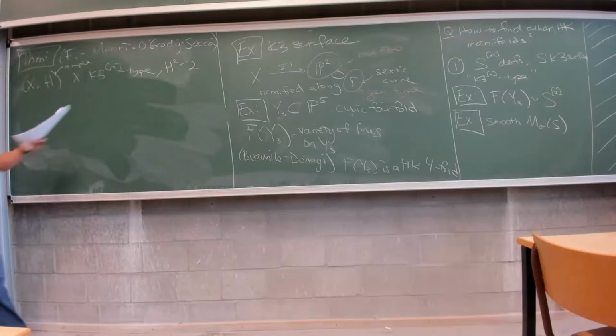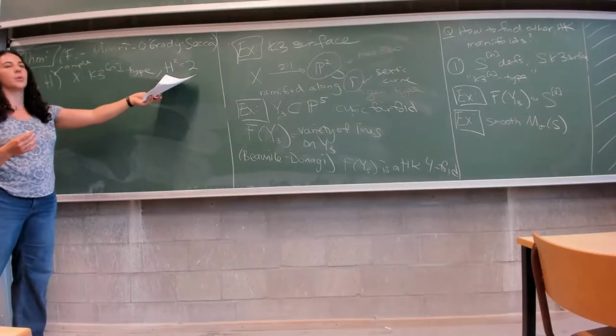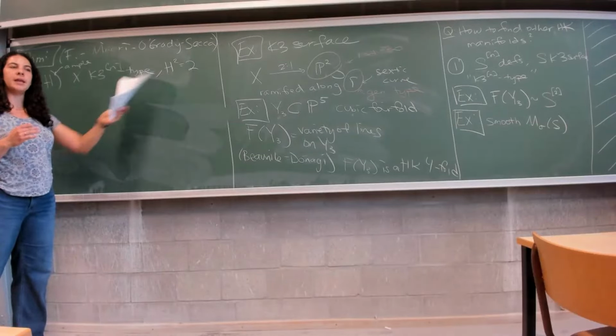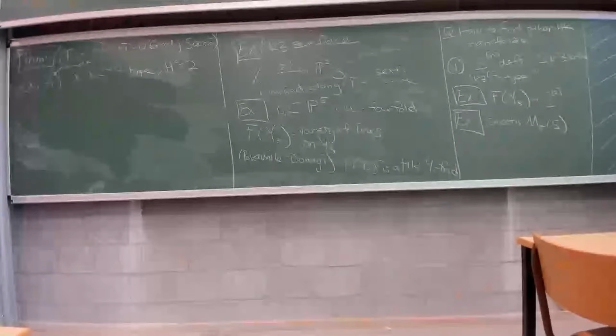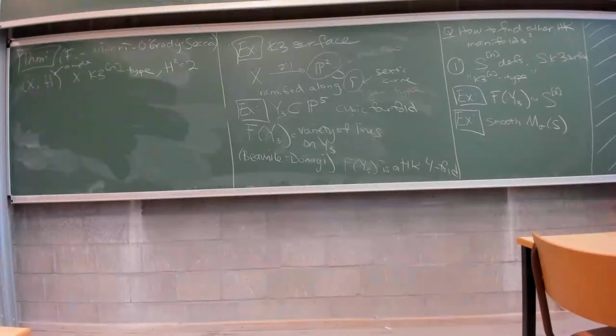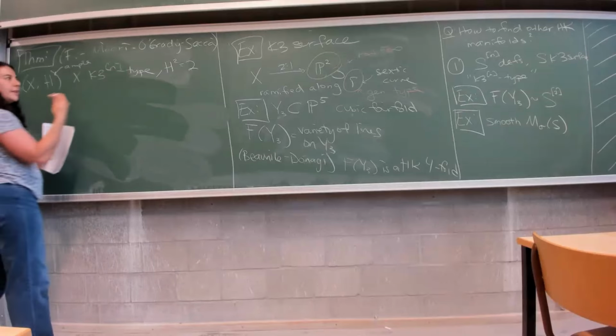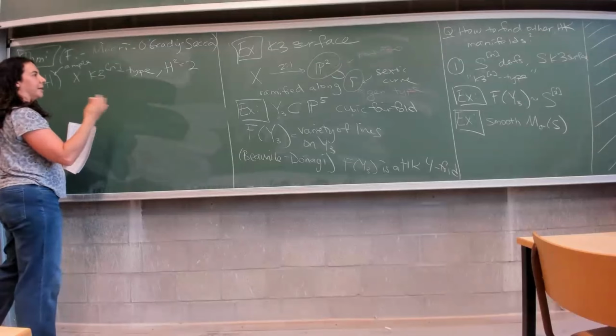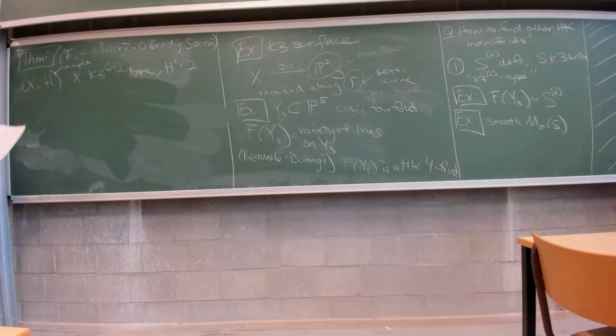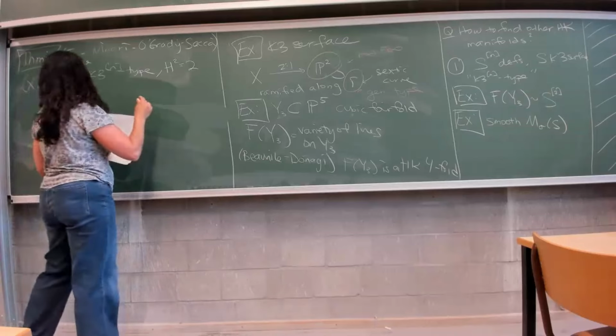Why I want to specify that the square is 2 is that this is the lowest possible, and it means that my varieties will move in a maximal dimensional family. You can make versions of this theorem for other situations, but this is an instance where you have a very large family.